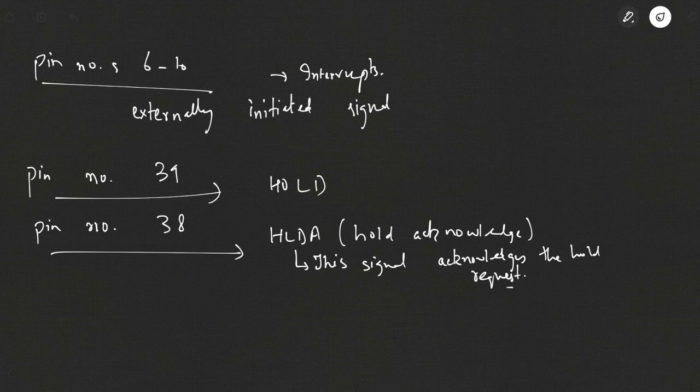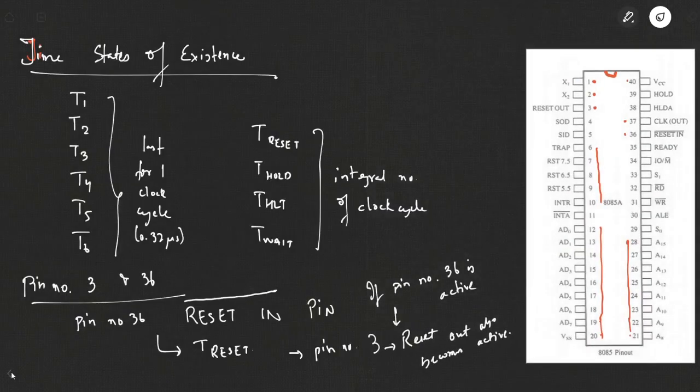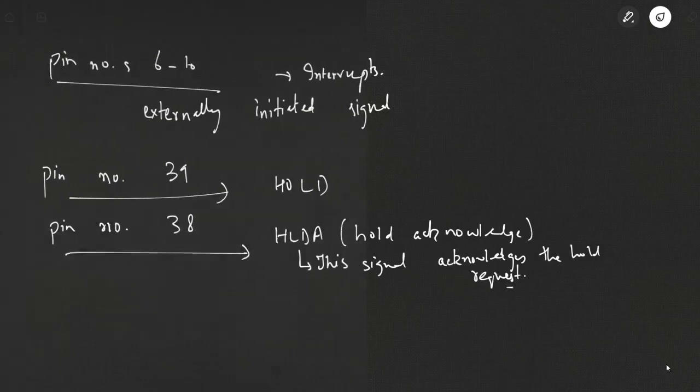Fine. Both of these are again externally initiated signals. Pin number 6 to 10, they are also externally initiated signals. Pin number 36, reset in, is also an externally initiated signal.